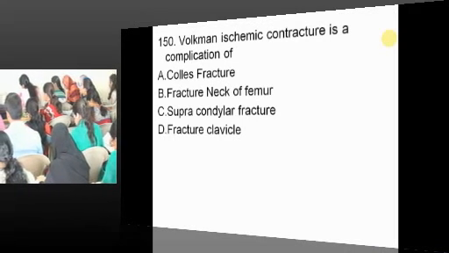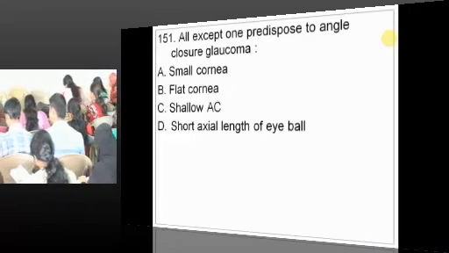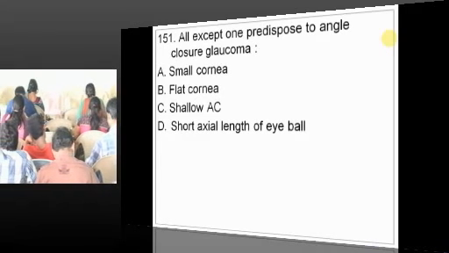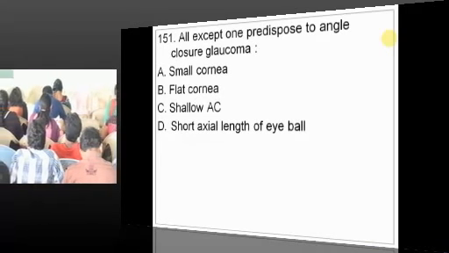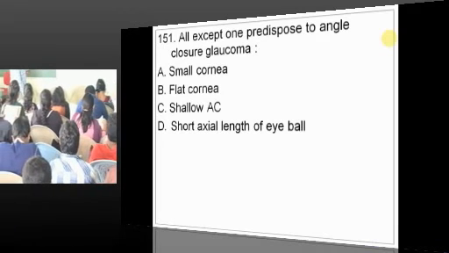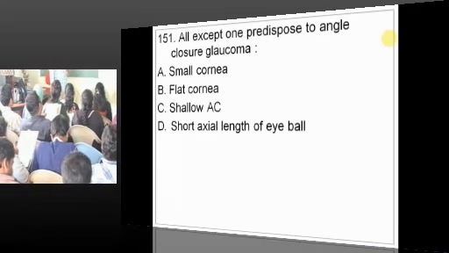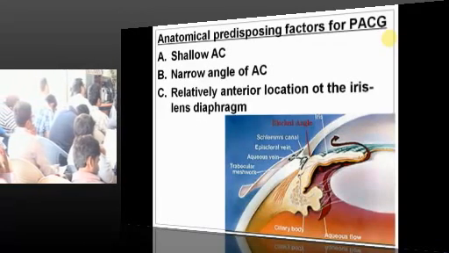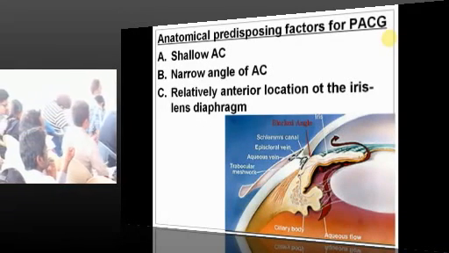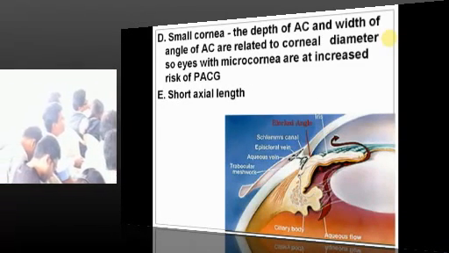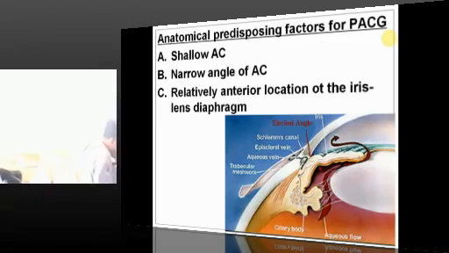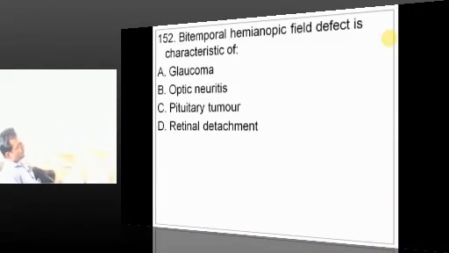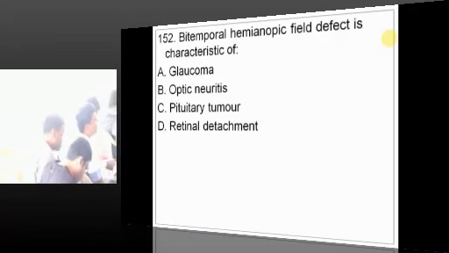Volkmann's ischemic contracture is supracondylar. What is not leading to angle closure? Small cornea leads to it, not flat cornea. Shallow anterior chamber, small cornea, short axial length, anterior location of iris lens, they are all the predisposing factors.